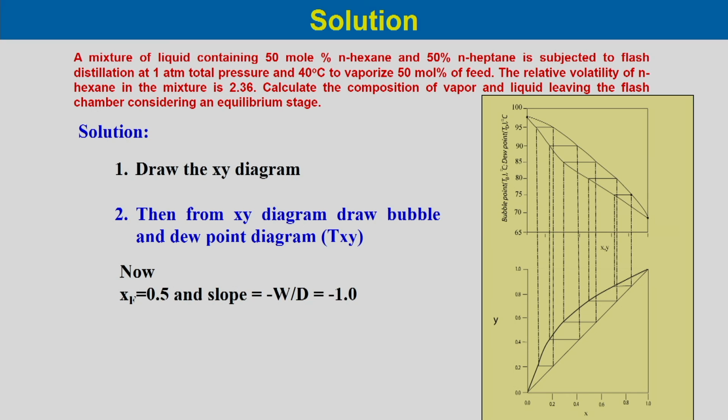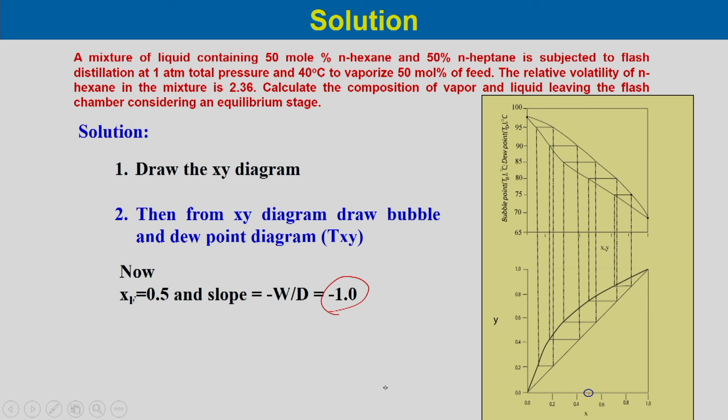Now, the feed XF is 0.5, that is 50 mole percent of N-hexane, and the slope we have calculated is minus 1. Now, with ZF equal to 0.5, we can locate a point on the x axis of the xy curve.